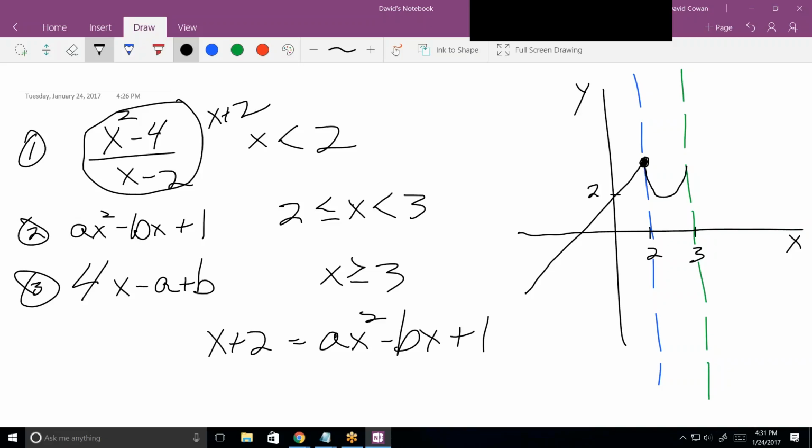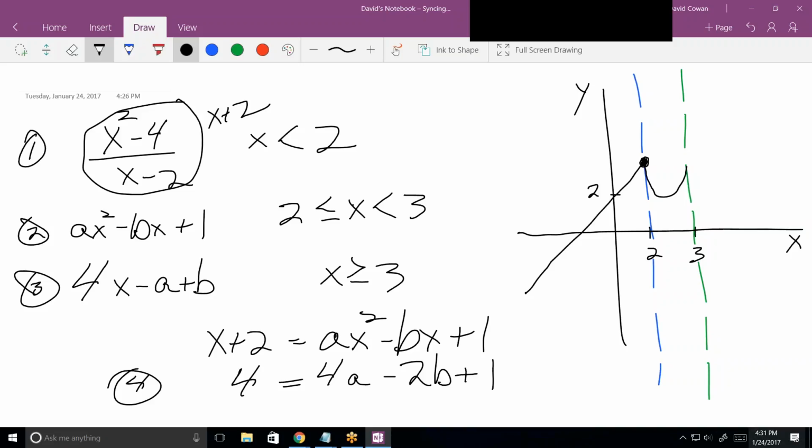So what does that give me? 4 equals 4a minus 2b plus 1. True equation. I'm going to call that equation 4.